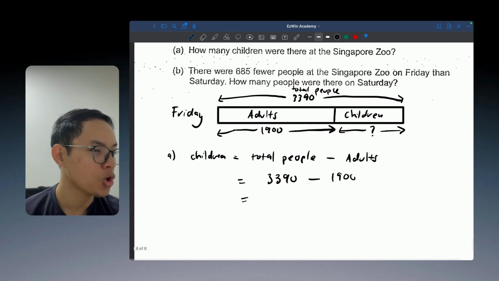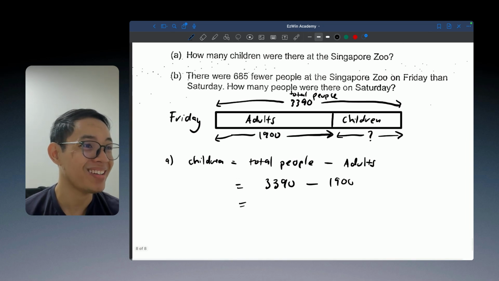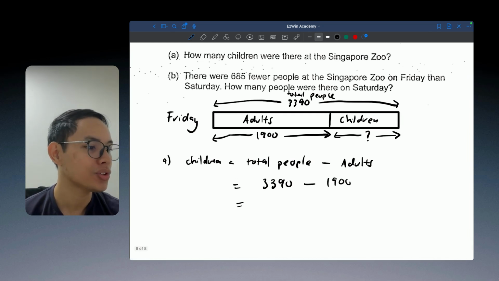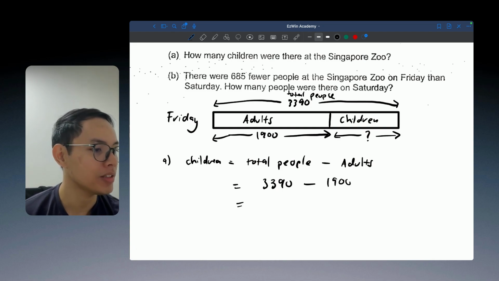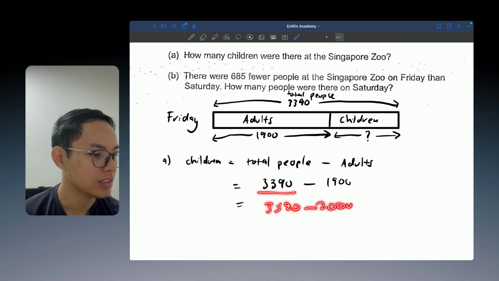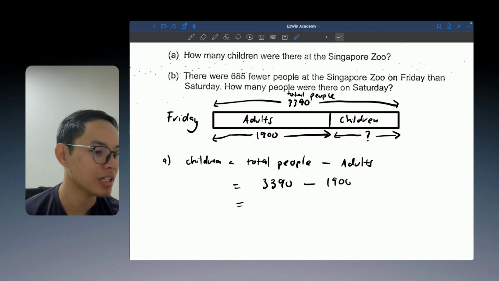Okay, so I'm going to share with you a little hack. 1,900 is very close to 2,000, and it's simpler to minus 2,000, because you probably know the answer to that.